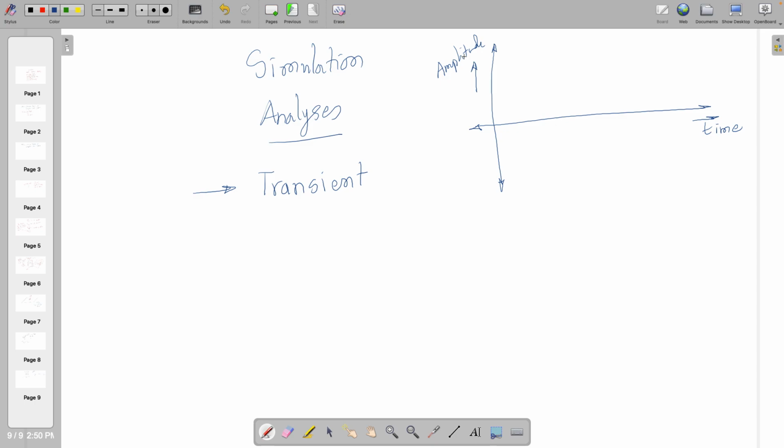I am not defining this value, it may be anything. By the way, just for your information, if you want to plot such things practically, you need to use a cathode ray tube, CRT, or a digital storage oscilloscope, DSO.